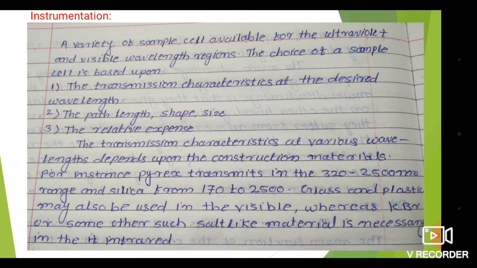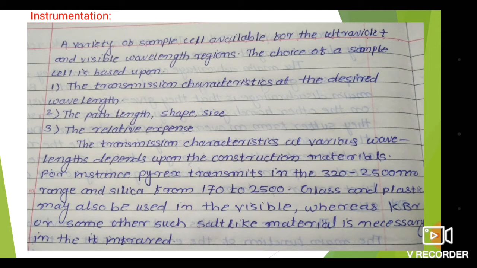So what are the types of sample cell? Different factors affect the selection of the sample cell: the transmittance characteristics at the desired wavelength, the path length, shape, size, and the relative expense. The transmission characteristics at various wavelengths depend upon the construction materials.